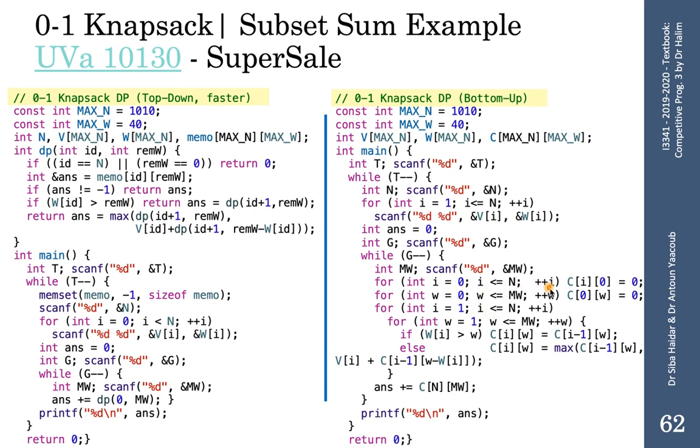And for i equals 0 less than n, w equals 0 less than mw, those are the base cases initialized to 0. And then we have a double loop for i equal 1 to n and for w equal 1 to mw. And in this case, every time if wi is strictly greater, I have only one choice, and else I have two choices, and the answer is inside C[n][mw]. And let's see a demo.